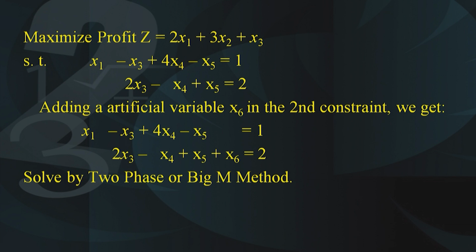So the problem becomes maximization of z is equal to twice x1 plus 3x2 plus x3 subject to x1 minus x3 plus x4 minus x5 is equal to 1, 2x3 minus x4 plus x5 is equal to 2, and adding an artificial variable, let us say x6, in the second constraint, we get the new second constraint as twice x3 minus x4 plus x5 plus x6 is equal to 2.